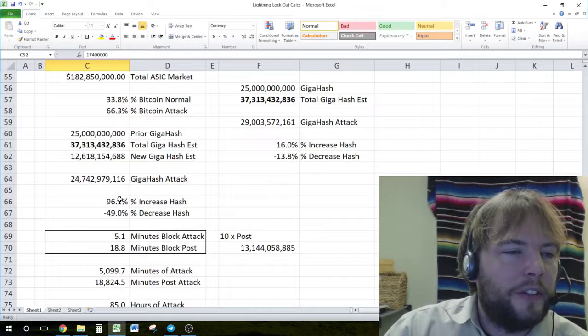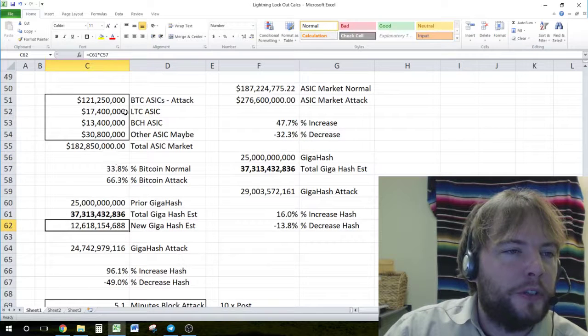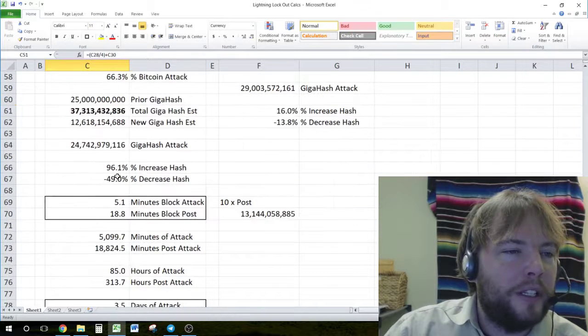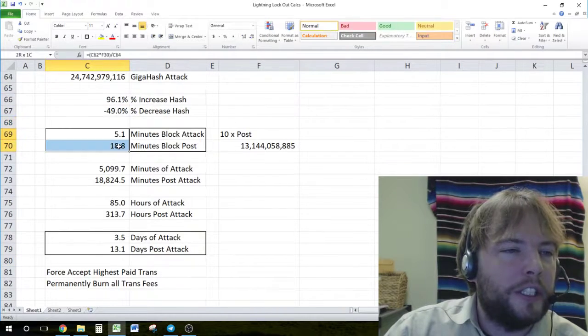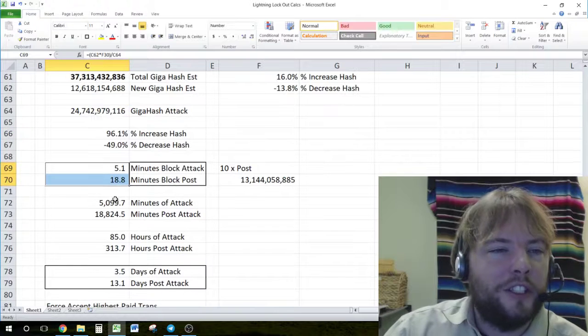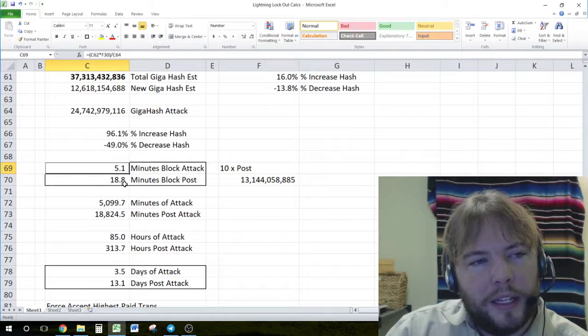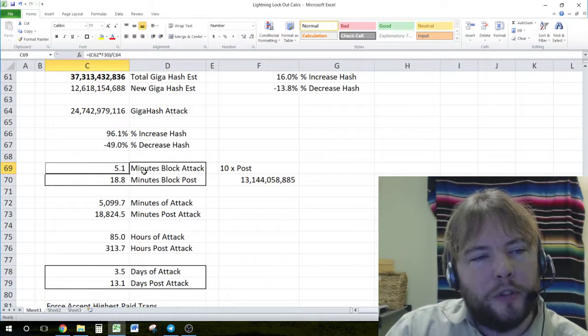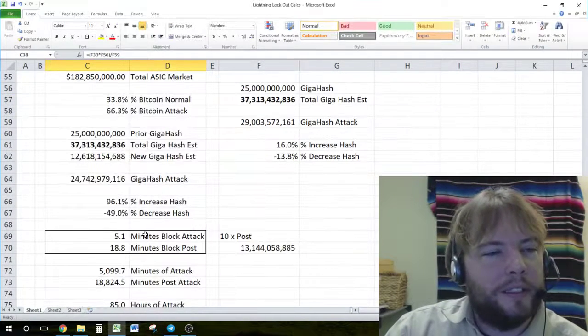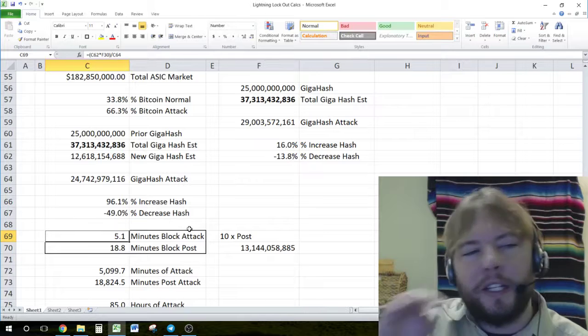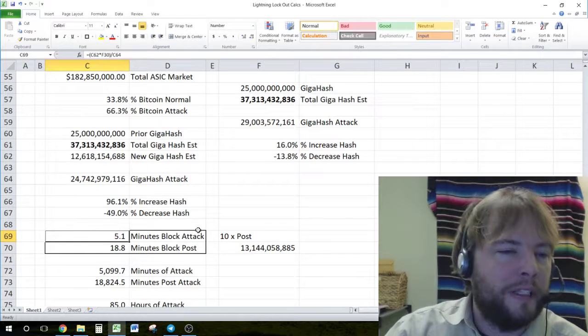So here, if you reduced the bonus payout by a fourth, and someone attacked the network or the Lightning Network by paying 400 times the average transaction fee, then your blocks would be confirmed rather than every 8.6 minutes like we got above, they'd start to be confirmed every 5.1 minutes.